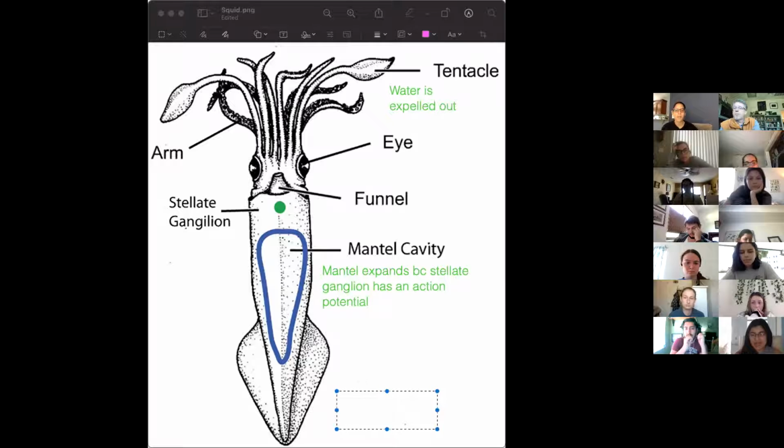Okay. So I'm fine with coming in through the posterior end. All right. So do you think it enters in and then it fills up, like there's a ring, I would say, of water that allows it to expand? And then through the funnel is where the water comes out. Yeah. Once it reaches capacity, it exits the squid's body.